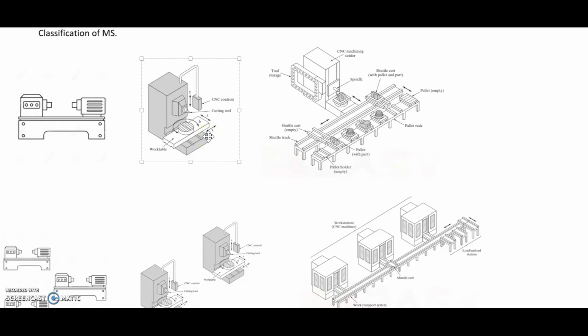So this is a semi-automated machine. Or we can also have a single station but fully automated. So this is one single CNC machine assisted with an automated handling system. So this is the first classification of manufacturing system.